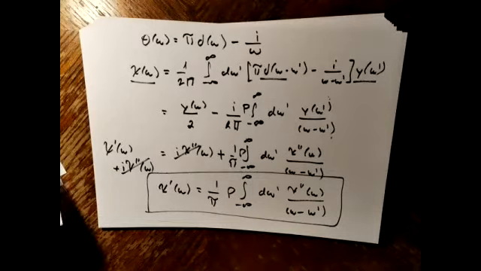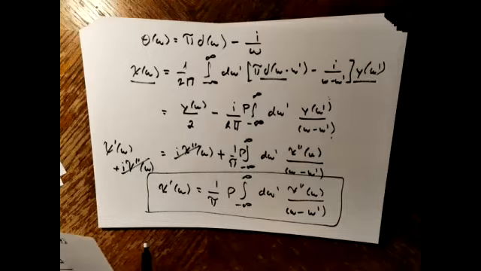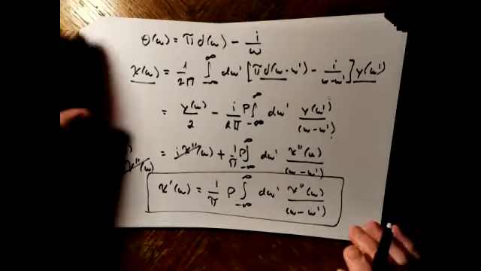Now the other Kramers-Kronig relation I'm going to leave as an exercise, but I will tell you that what you have to do is exactly the same procedure, except you choose y(t) to be even rather than odd.